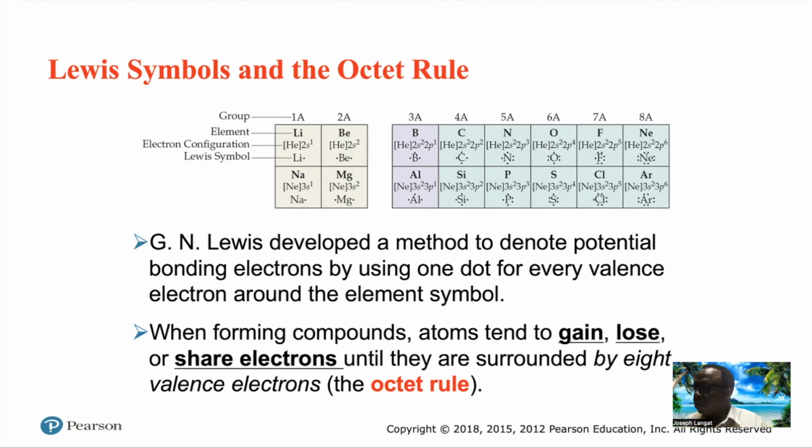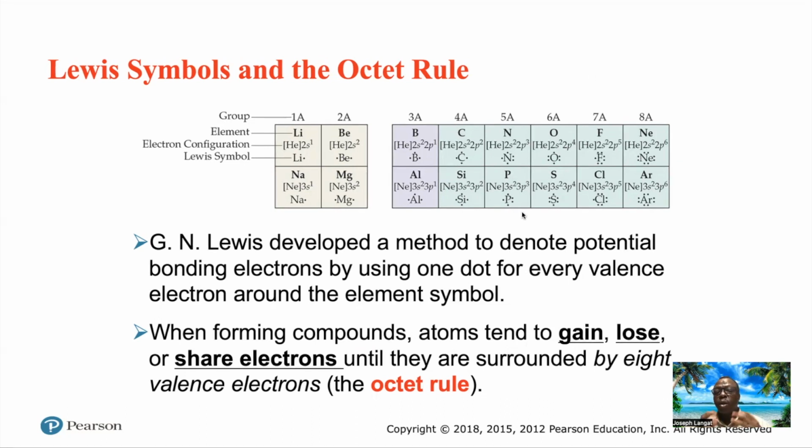Not 8, but 7. It should be 7 for fluorine. And the point here is you don't pair them up until they are singly distributed around the atom. That is when you start pairing them up.